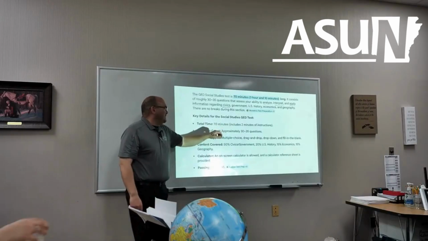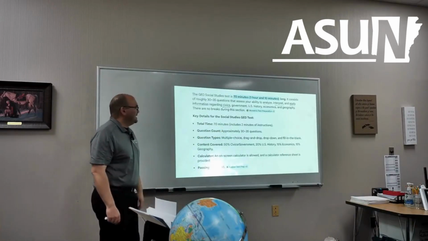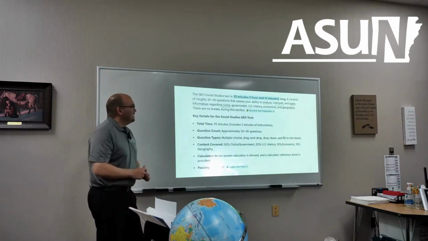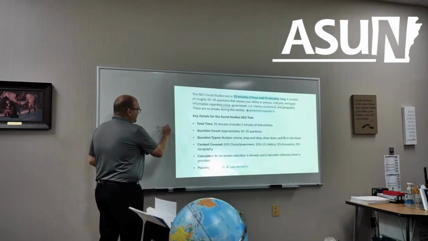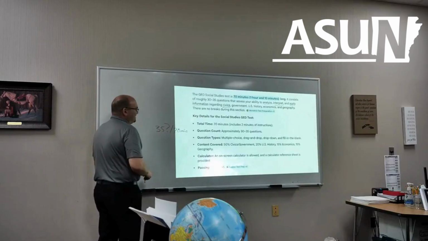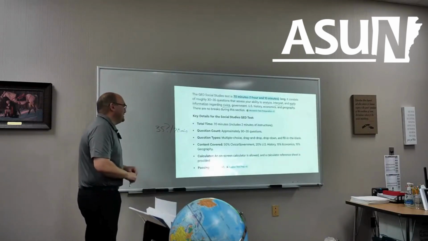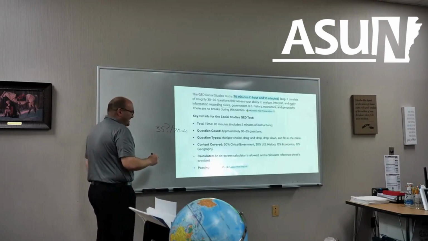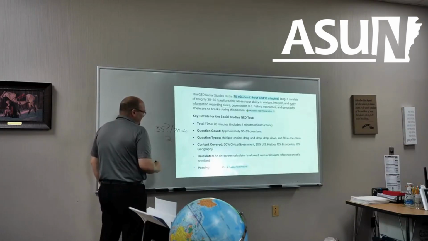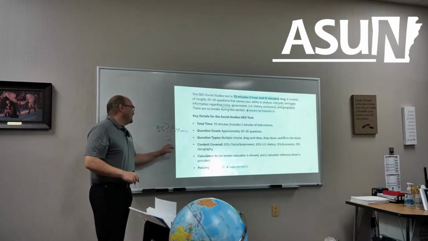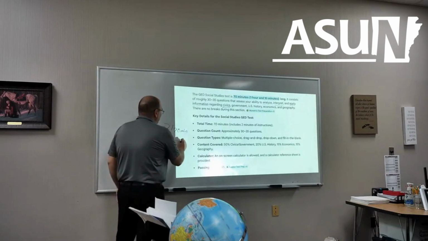Remember, we talked about 70 minutes, the shortest amount of time, 35 questions. If you had 35 questions in 70 minutes, how many minutes per question is that, Mason? It's 2, right? 35 plus 35 is 70, so pretty much you get 2 minutes a question.